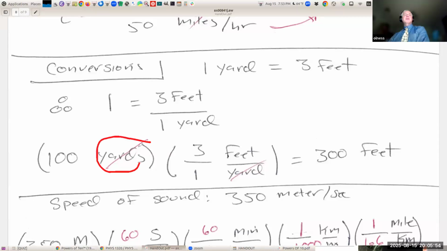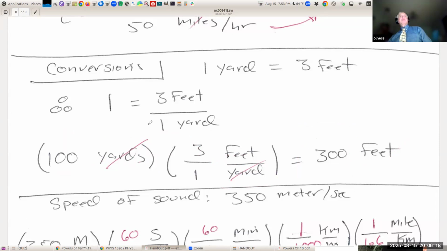I have yards on top, I have yards on the bottom, so I can cancel out the yards, and my units is left with feet. So my units is just plain feet. Then I multiply the numbers. 100 times 3 is 300, and that's 300 feet. And you probably know, 100 yards is the length of a football field.